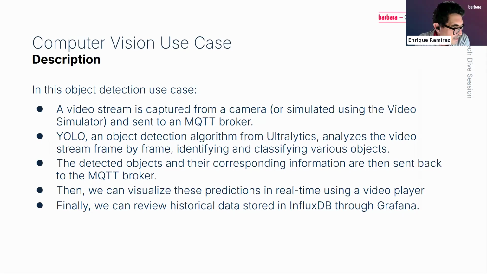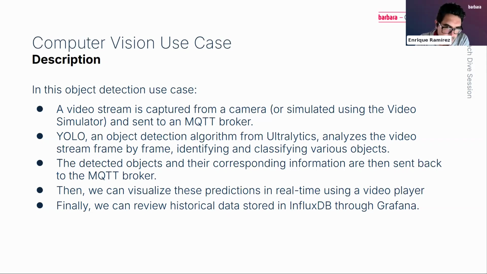So in this use case, what we have is a camera that is publishing a video stream using the RTSP protocol, and we are going to read this data using an application called Video Reader that is available in our marketplace. This application basically reads the information from the camera and publishes it in the MQTT broker, okay?